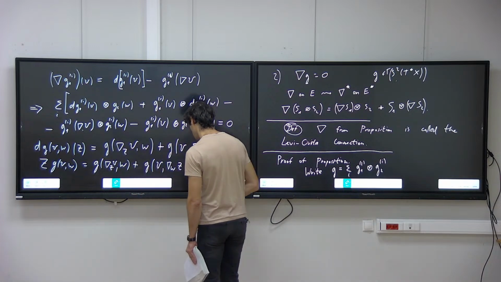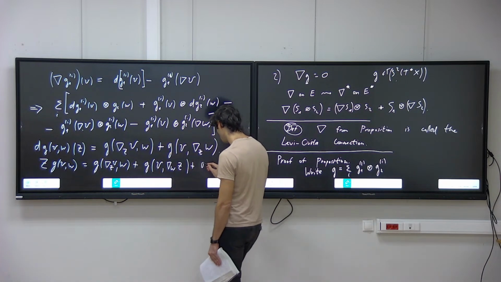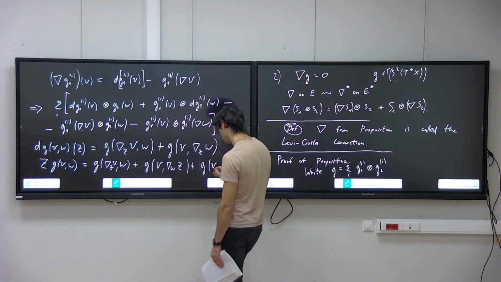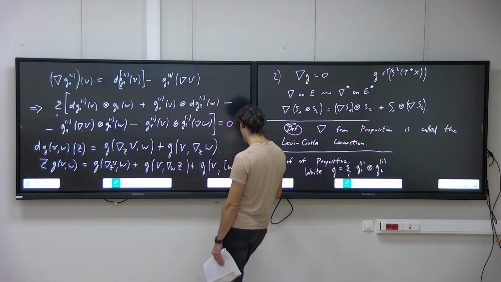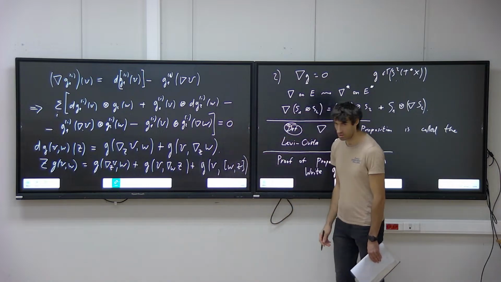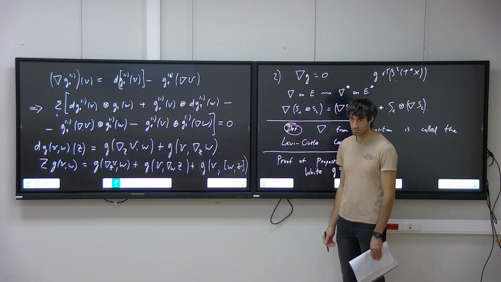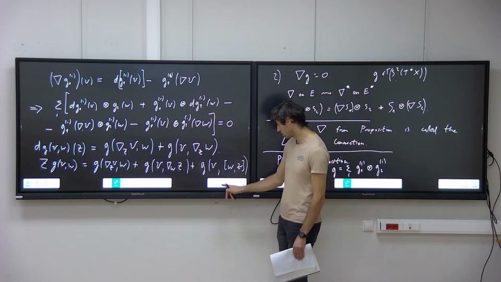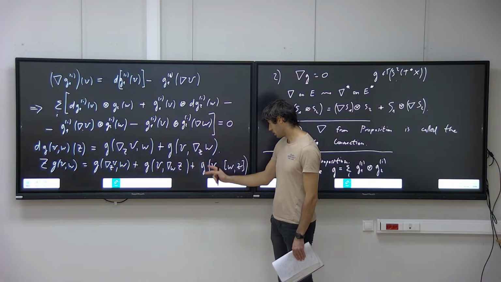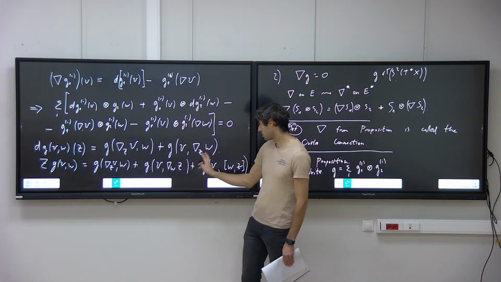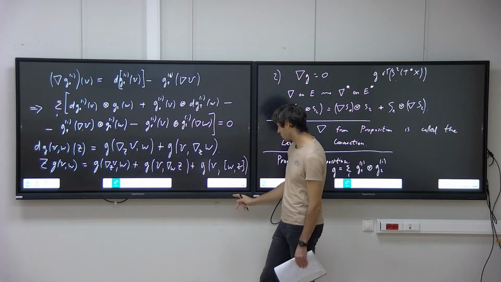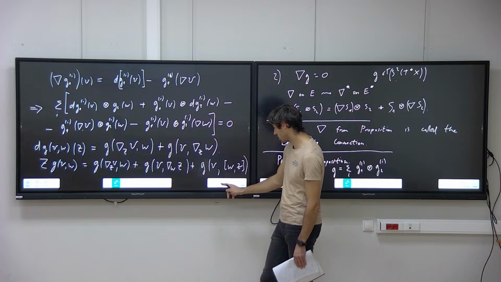And plus g v, since I switched, I need to write the commutator of w and z. Because I have no torsion, I can switch these two. This guy is bilinear. I'm switching, and therefore I should add the commutator because I have this property.